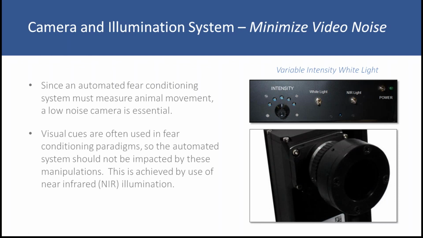And that does not interfere with the video signal because we block visible light from ever entering the camera. The camera only receives the infrared light, and so that remains constant throughout the experiment. So we always have a really well-illuminated image from the camera's perspective. And that's an important consideration.